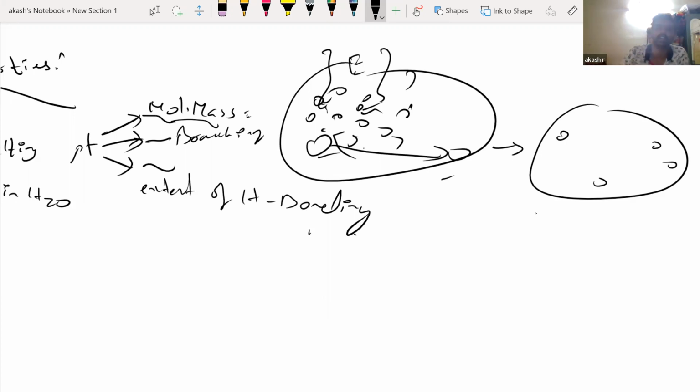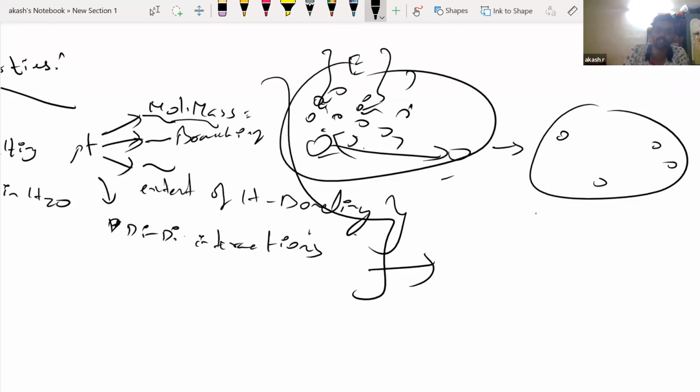For aldehydes and ketones, we even go for dipole interactions. So these are actually everything; somehow each relates to the strength of intermolecular forces.